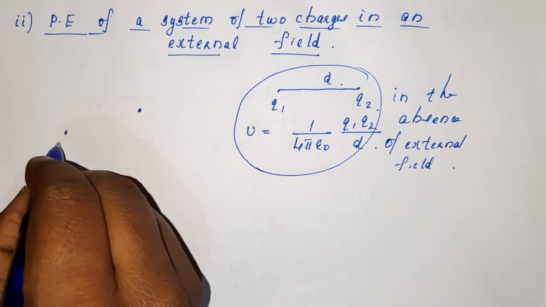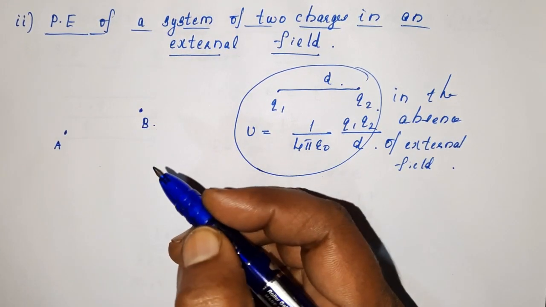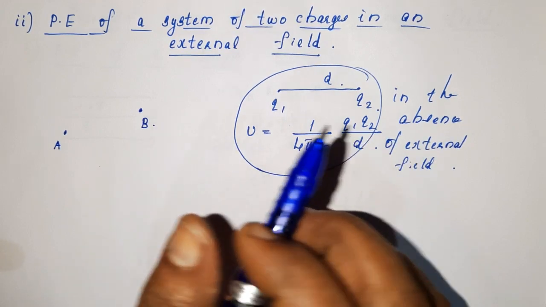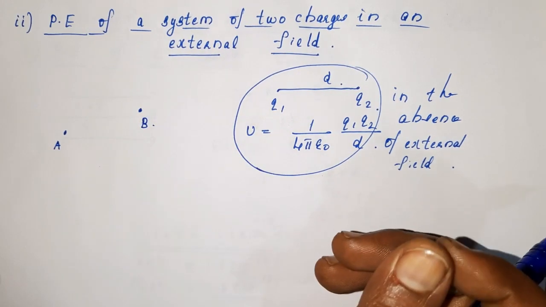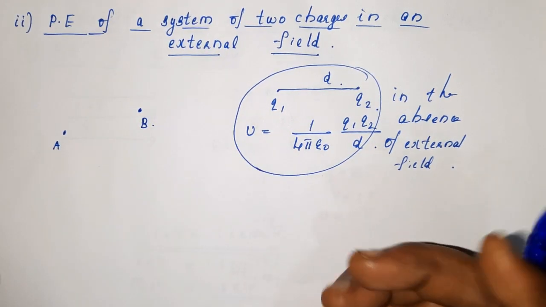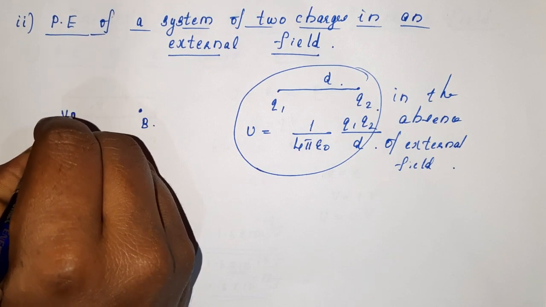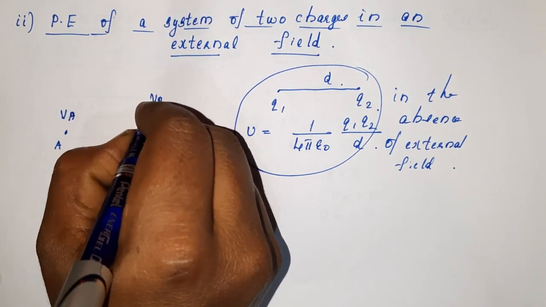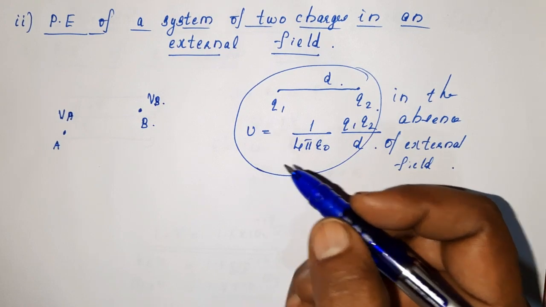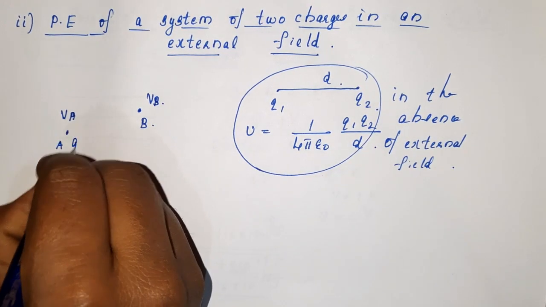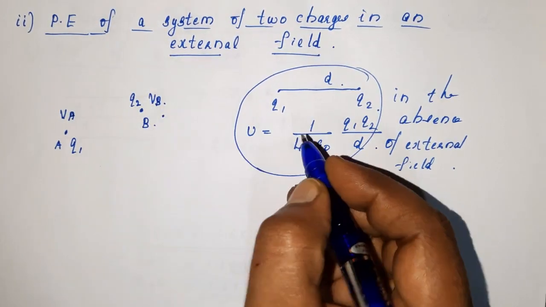We are considering 2 points A and B in an electric field, so that the potentials at A and B are VA and VB. And we are assuming at A Q1 is kept and at B Q2 is kept.